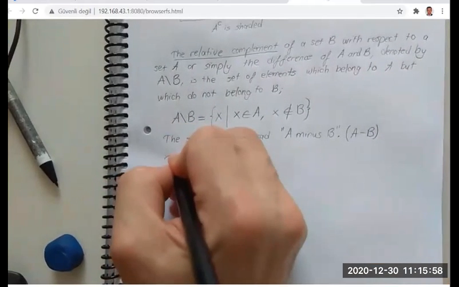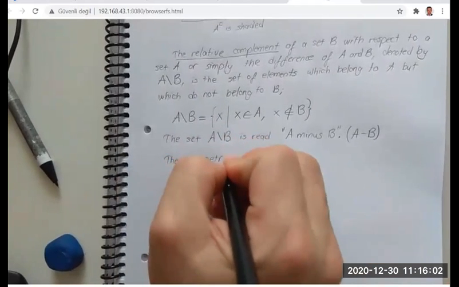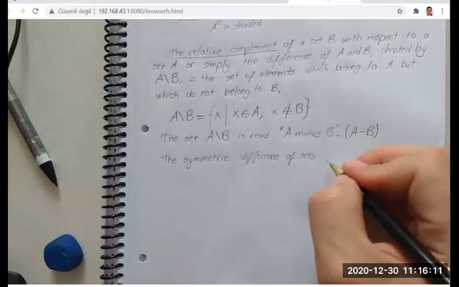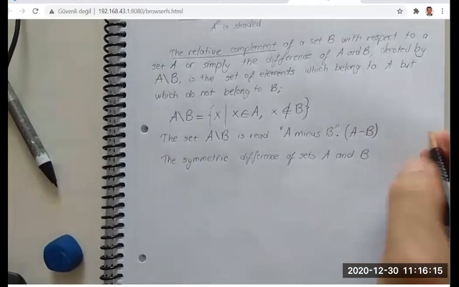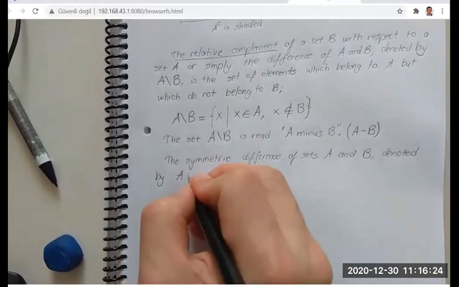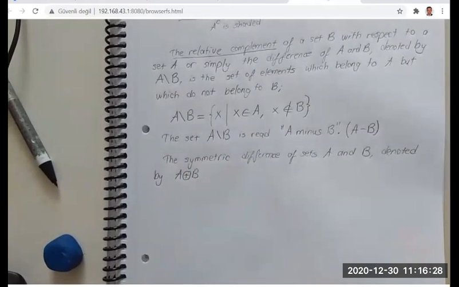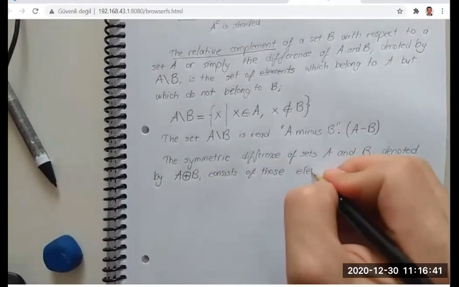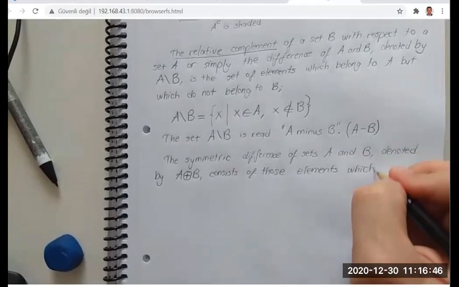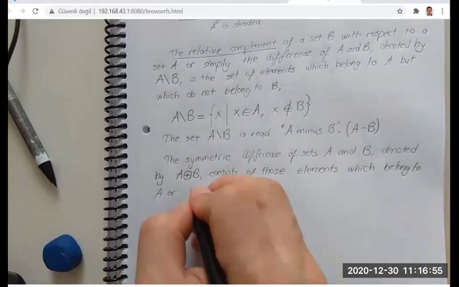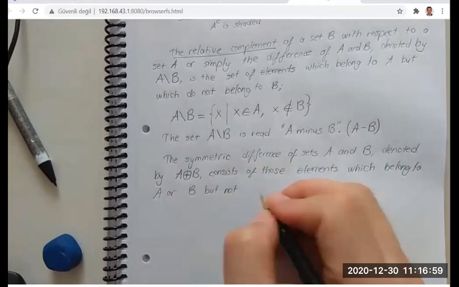The symmetric difference of sets A and B, denoted by the symbol A symmetric difference B, a plus inside of a circle, consists of those elements which belong to A or B but not to both.